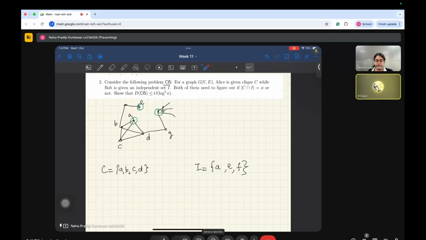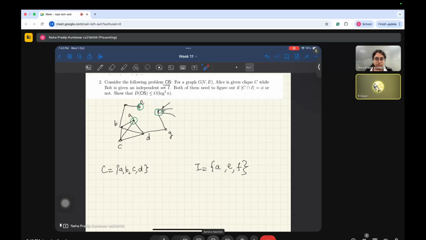So to encode every element of the set, Alice would be requiring log n number of bits.